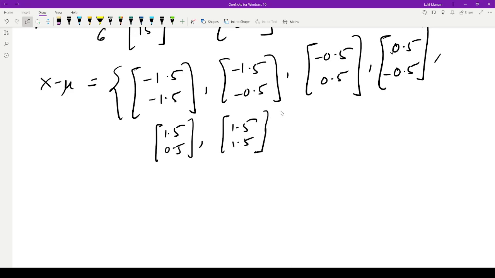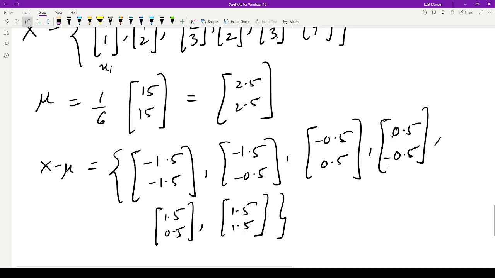Just let me know if there are any corrections required. I think this is fine. Given this, what is the next step?